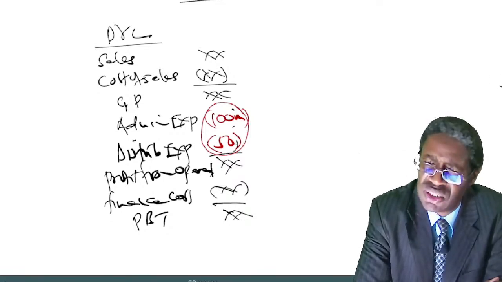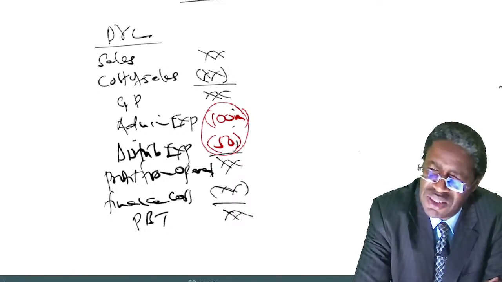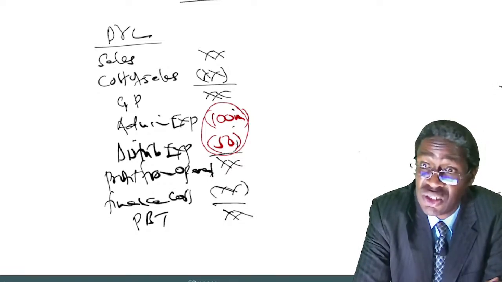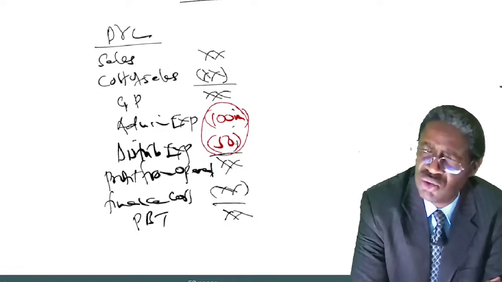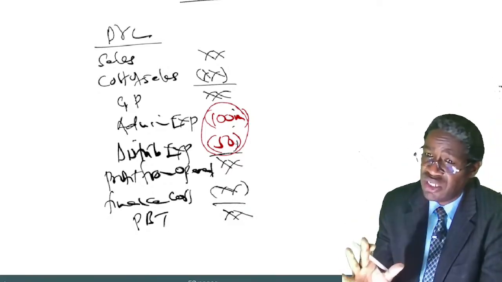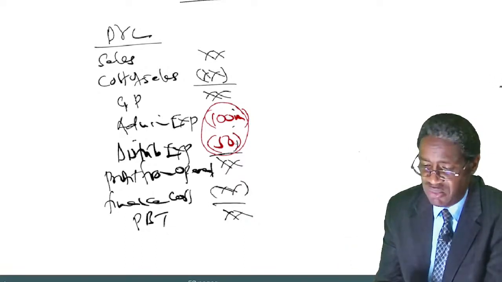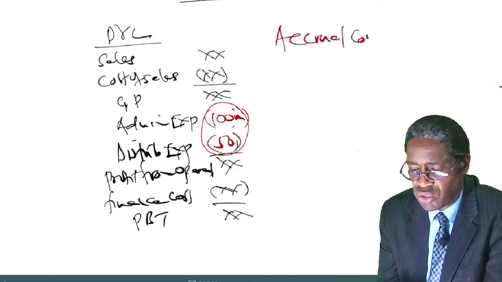But the question is this: did you pay the 150 million for those expenses? The answer is no. Why? Because the rule of accounting says that when you are preparing an income statement, you use a concept we normally call the accrual concept.